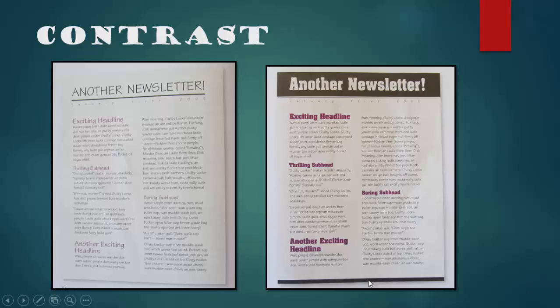They made this black ruler. So there's, again, this sort of beginning and end to the page through these black rectangles. You see this very bright text, Another Newsletter, which stands out much better than it does over here on this side. We've already talked about, when we were talking about repetition, the bolding of titles.